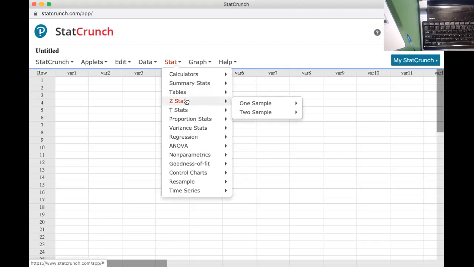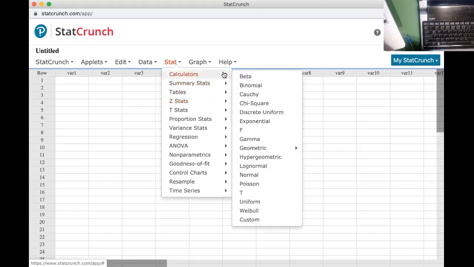Let's look at the normal calculator, okay? Because if we set this to mean 0, standard deviation 1, then it is the standard normal distribution, which is the z distribution, okay?